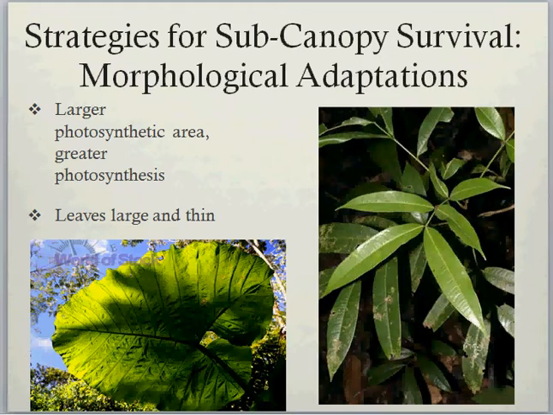If you have a high leaf area ratio, you would have a larger photosynthetic area to scavenge any low levels of light which are available in that sub-canopy environment. So a larger photosynthetic area means that a plant is better adapted and will have a lower carbon compensation point in the understory.